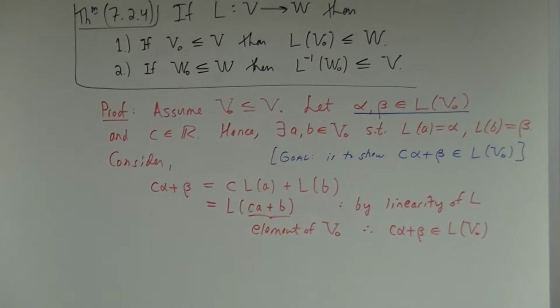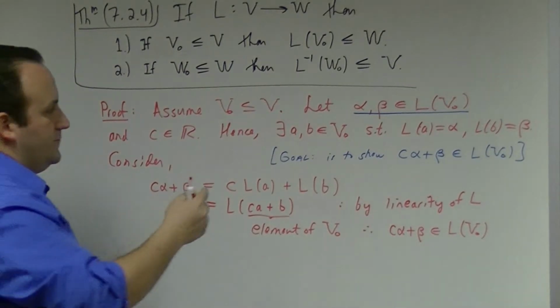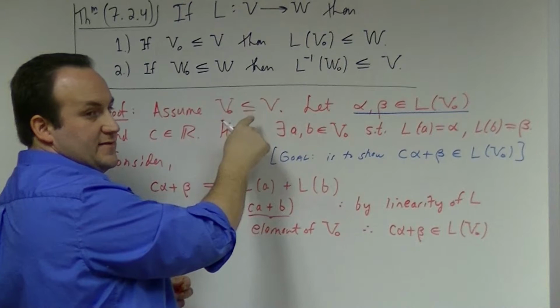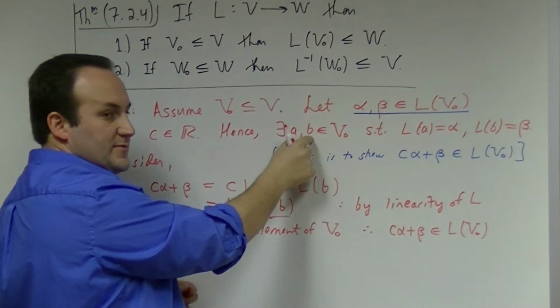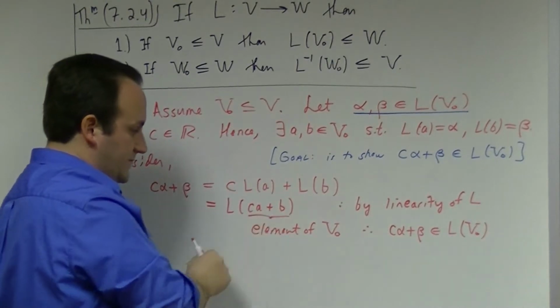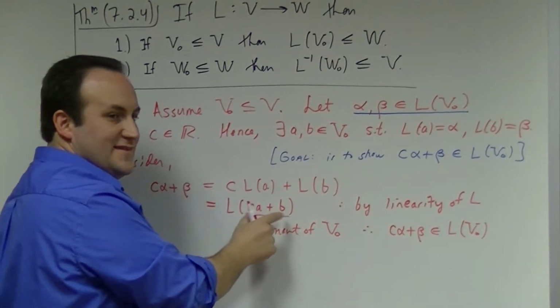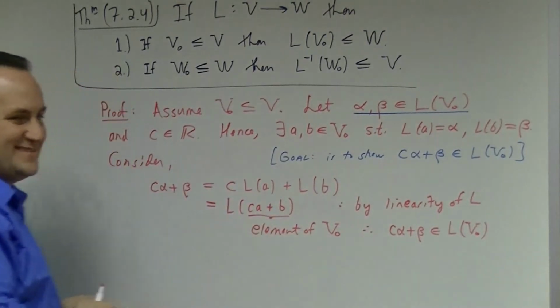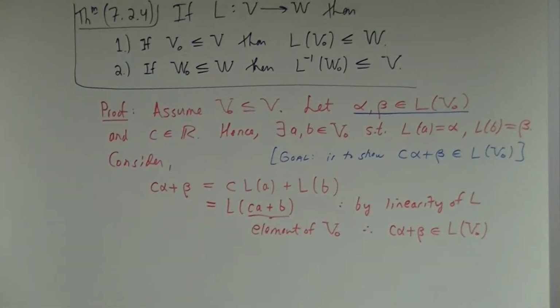So we said that CA plus B is an element of V naught. Why? Because A and B are in V naught. We assumed that V naught was a subspace of V. That means it's closed under addition and scalar multiplication, of which this is both. I just used "this," but it was not ambiguous because I was pointing. So A and B are the preimages of alpha and beta?